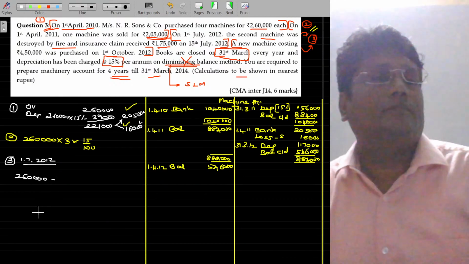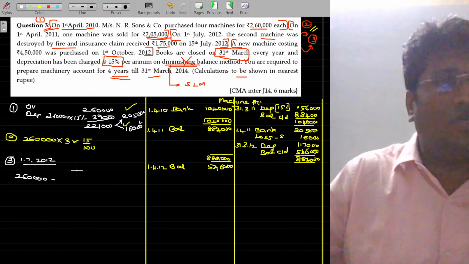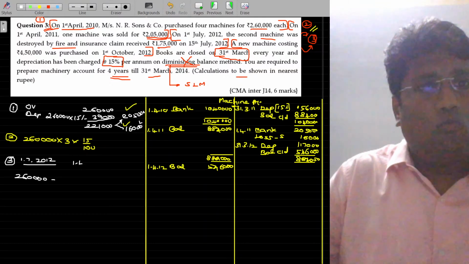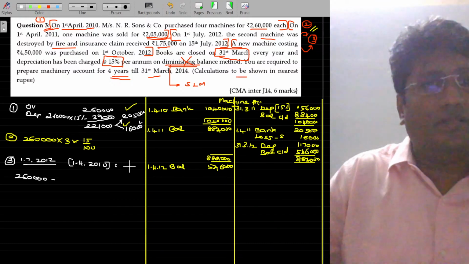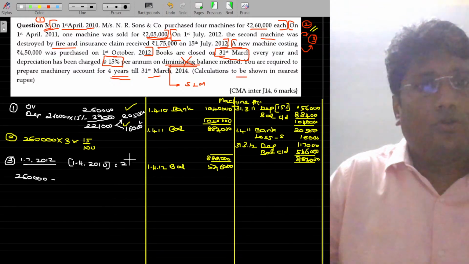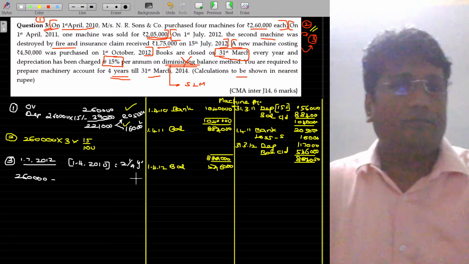And on which date was the asset originally purchased? 1/4/2010. Means this asset was used for 2.25 years.